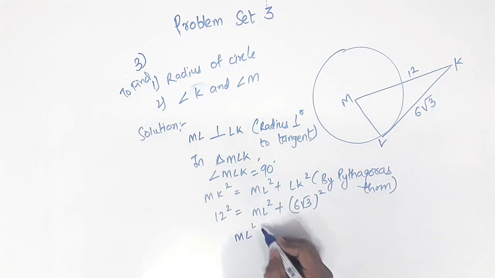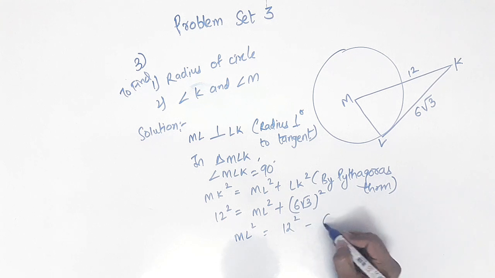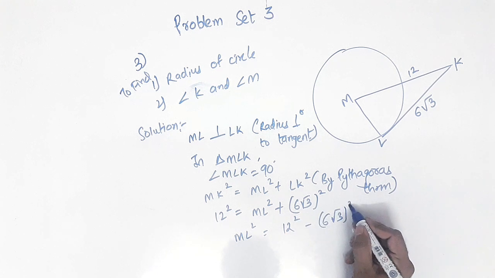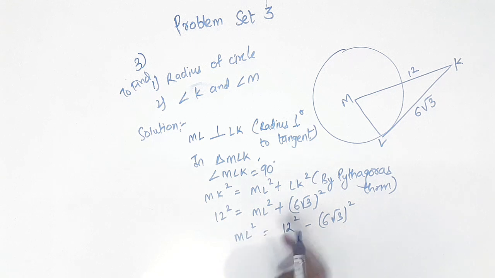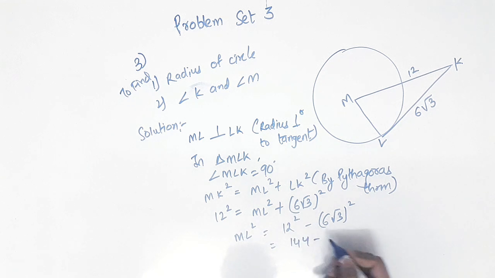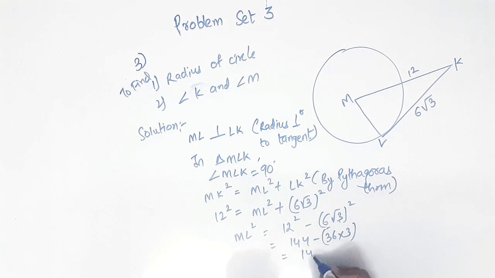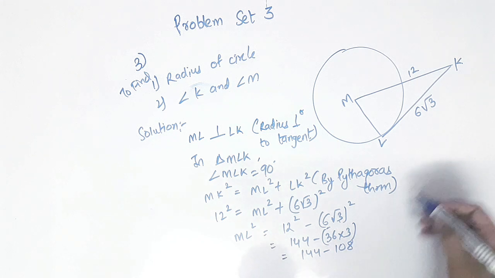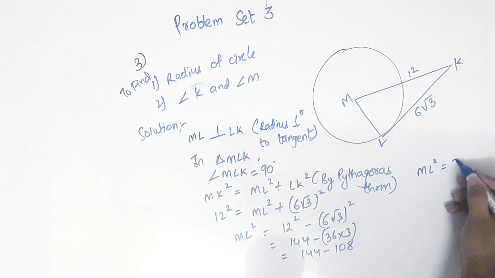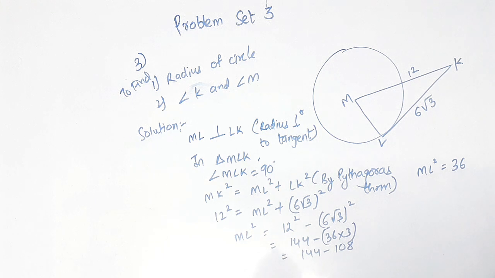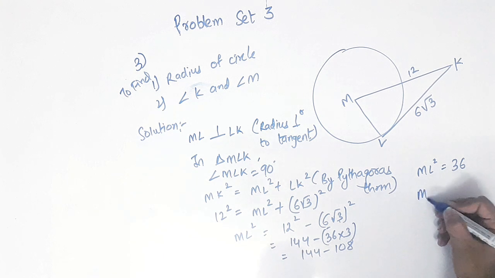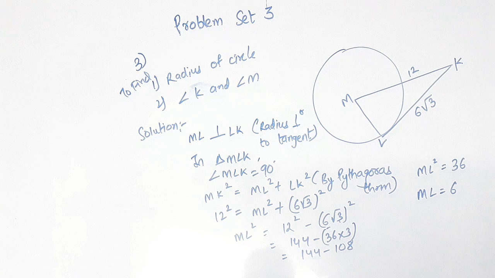So ML square is equal to 12 square minus 6 root 3 square. 12 square is 144 minus this becomes 36 into 3. Correct? 6 square is 36, root 3 square is 3. 144 minus this is 108. So how much will be ML square? It will be 36. So ML square is 36, so ML will become 6.